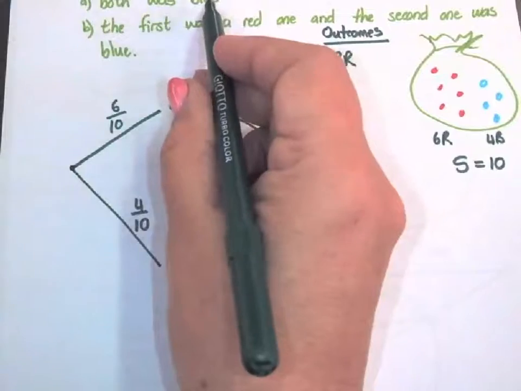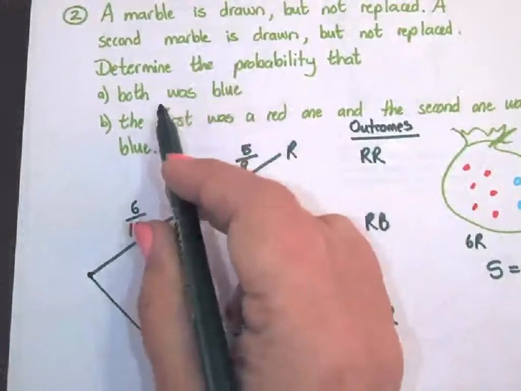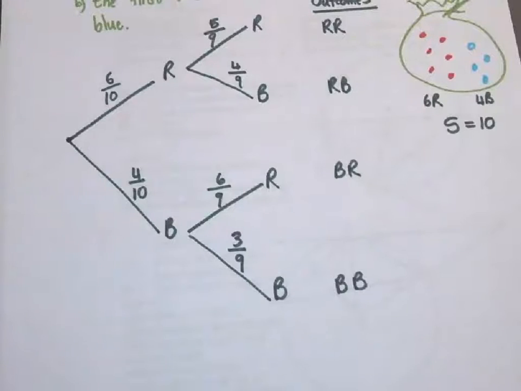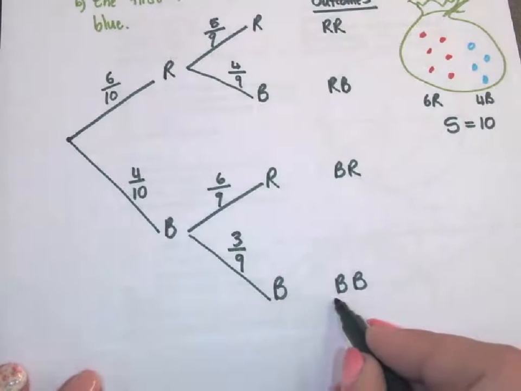The probability that both were blue. Okay, let's just get the paper. Both blue is only this one.